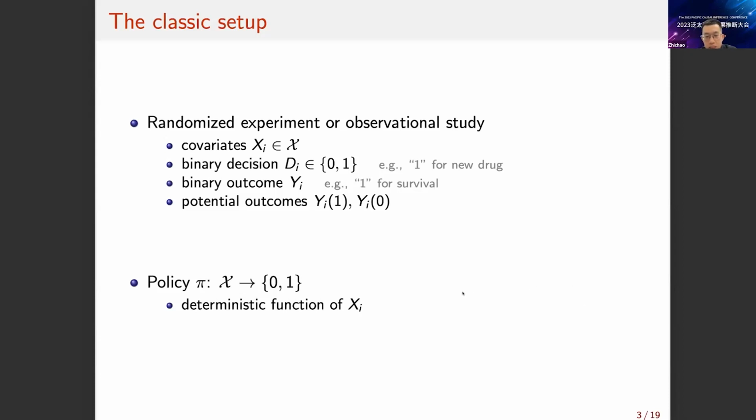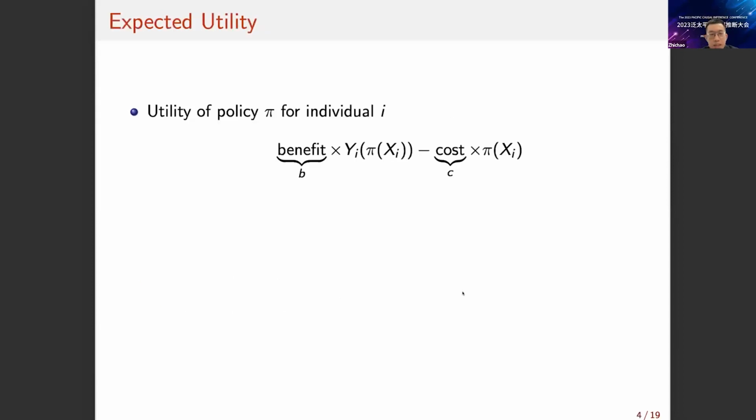For deterministic policies, if units have the same value of x, they will always receive the same treatment decision. To measure the value of the treatment options, we need to specify the individual utility. The most commonly used utility is a function of the decision made and the observed outcome under that decision.